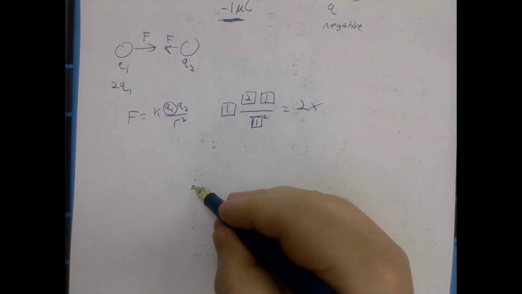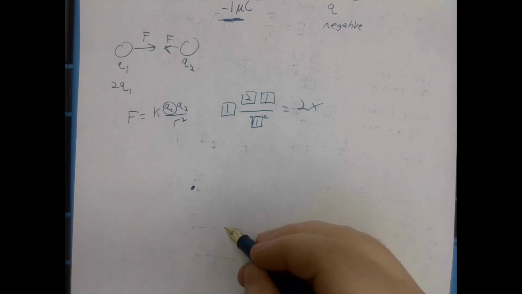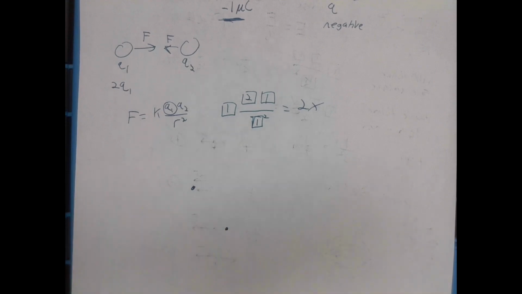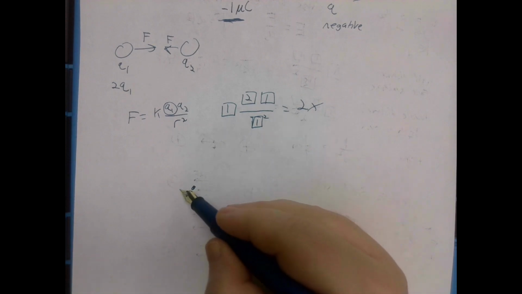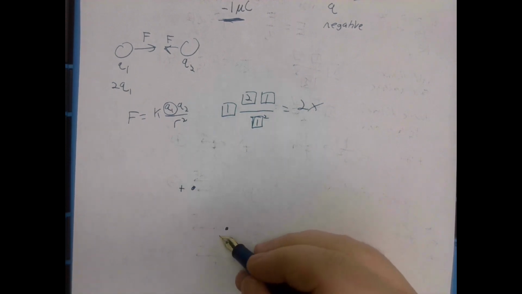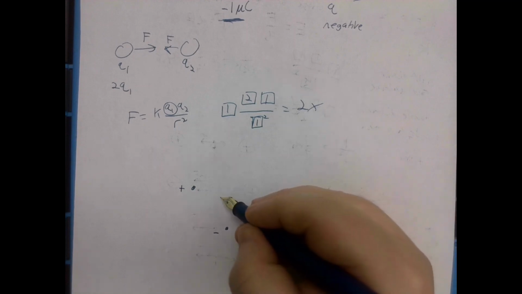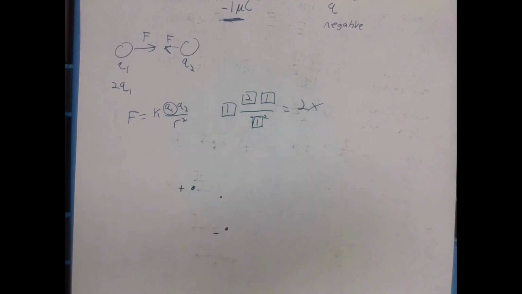If I have a point here and a point here, let's make this positive and this negative. Then right here, what direction will the vector be in?